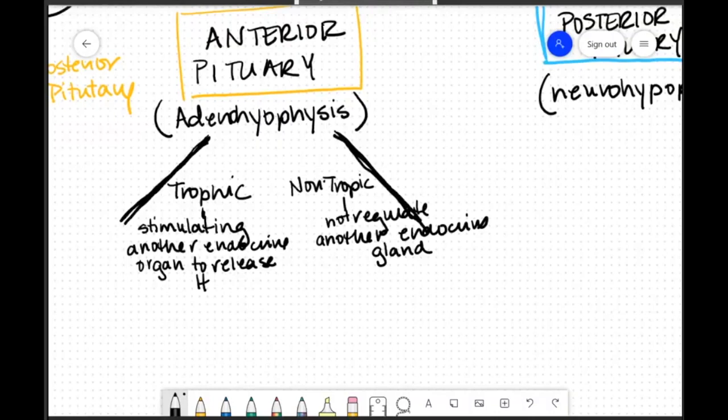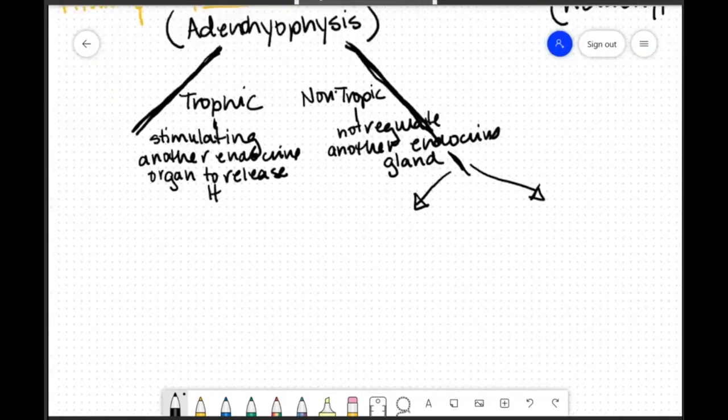So what are the two hormones from the adenohypophysis that are non-trophic? You have two that come out of this branch. These two are growth hormone, GH for short, and prolactin, PRL for short.